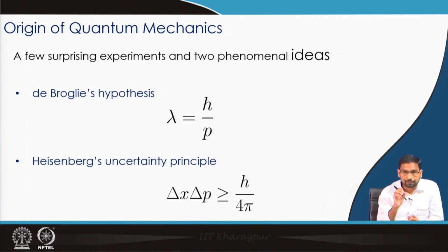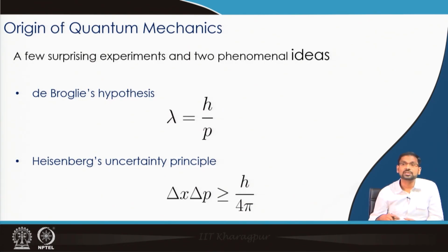But when you make the wavelength very small, the momentum of that light, which also has a particle-like nature according to de Broglie's hypothesis, will be very large because the wavelength is very small.